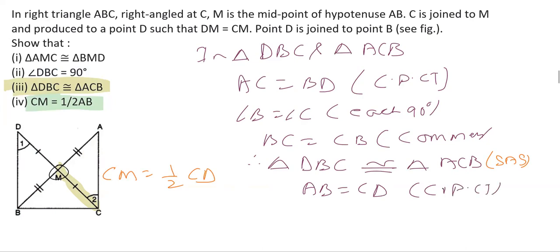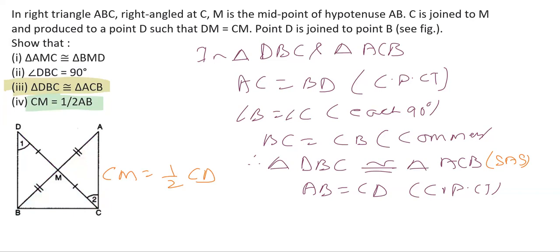Let me explain this again. We have proved a few triangles congruent here. What were these? I proved this triangle congruent to this one. We have proved these two triangles congruent, and as you know, when two triangles are congruent, we can write their corresponding sides, this one and this one, as equal.